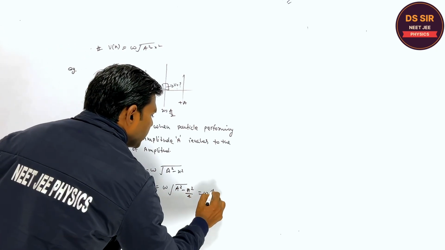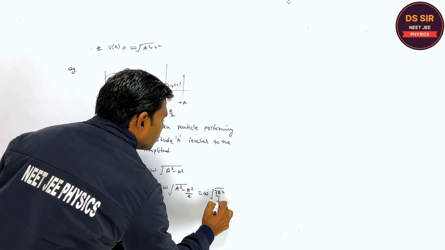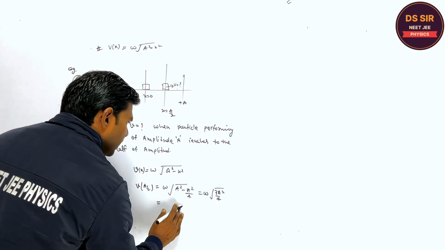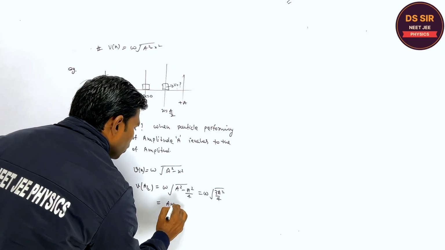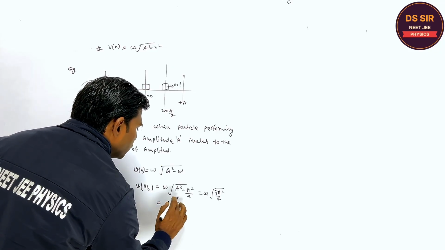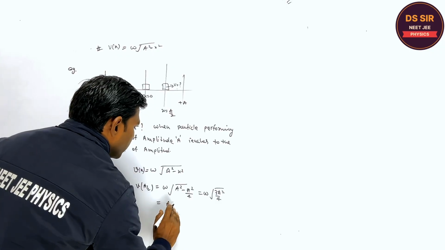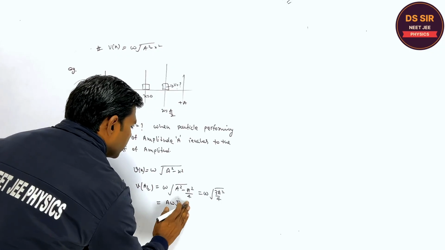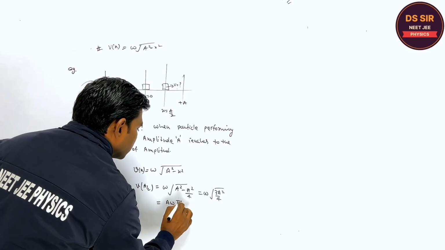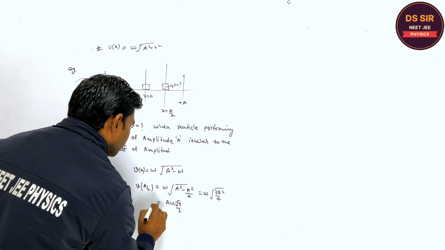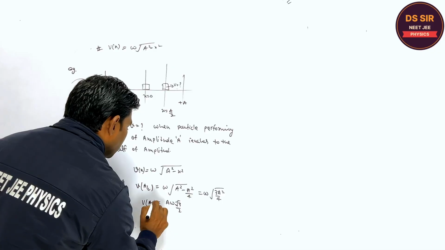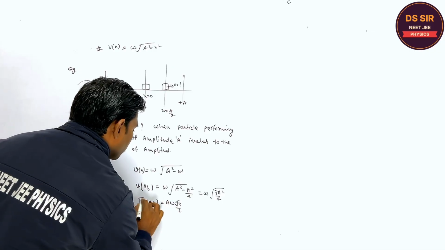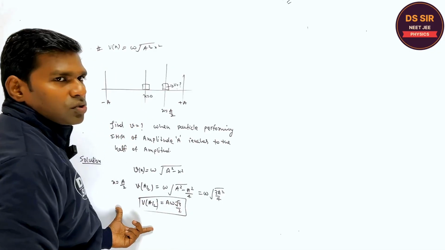So this is omega root 3a square by 4. So when you simplify this, a omega root 3 by 2 is the correct answer. Fine. This is the velocity at a by 2. All right. This is the solution.